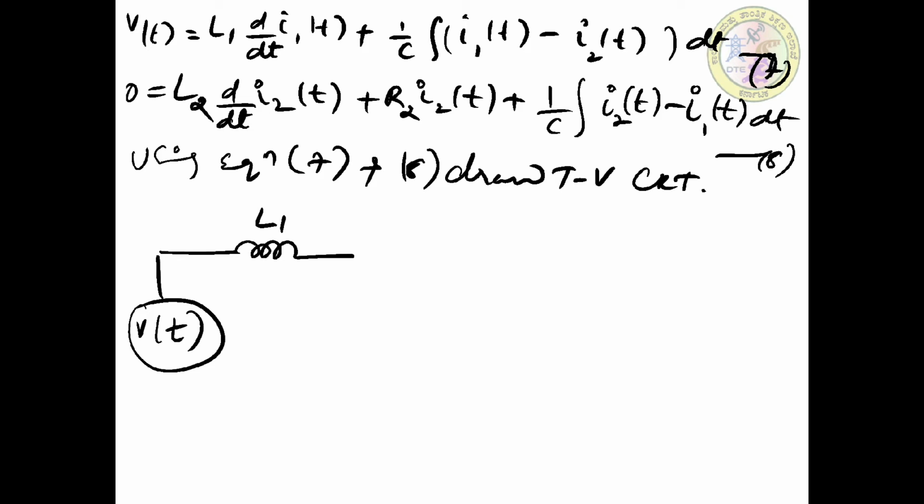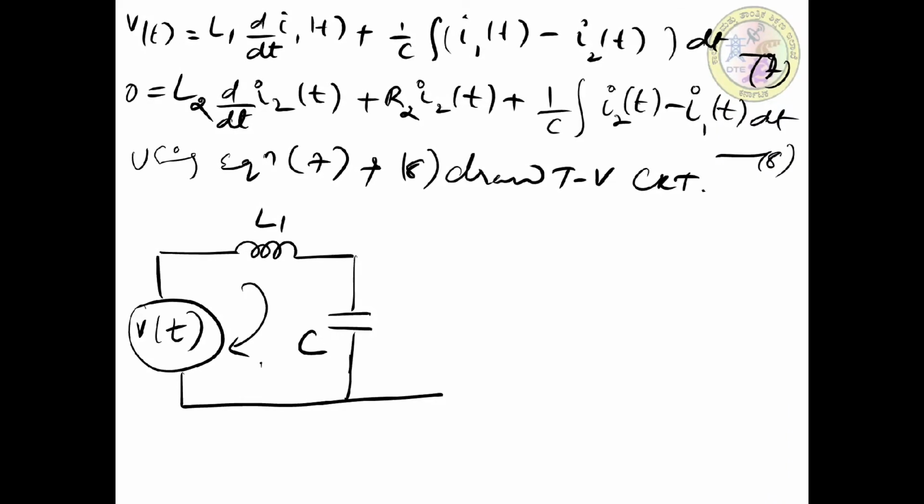That capacitor C is a common capacitor between first loop and the second loop. So C will come here, and in this loop the current direction will be I1 of t, like this.